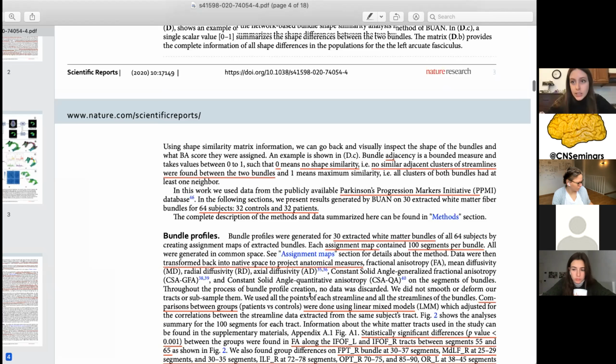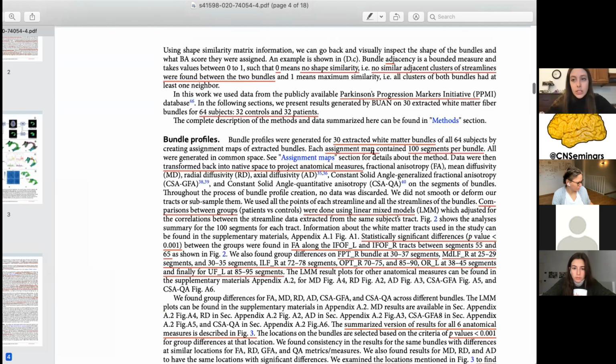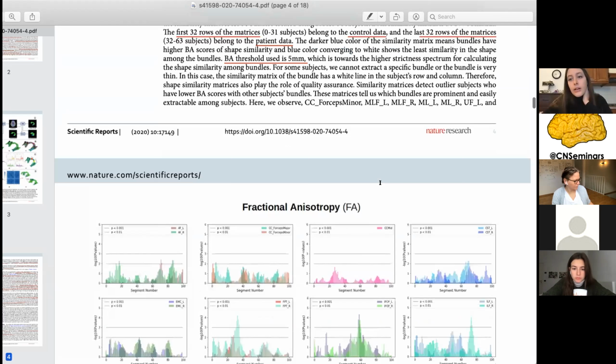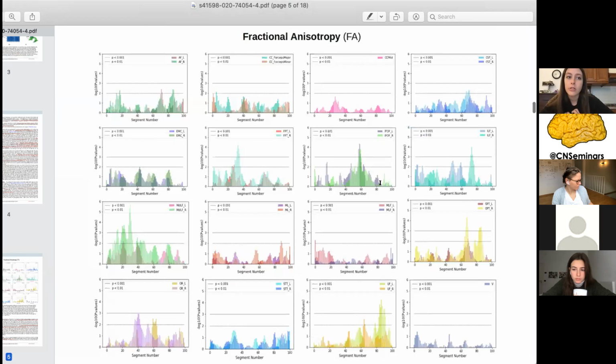Here we can see the results of this analysis for the fractional anisotropy measure. I forgot to say that they considered 30 white matter pathways of the human brain. For each of the bundles that they consider, we have a plot. We can see the groups plotted with different colors, and some of them show a significant difference between the two populations when considering particular sections of the bundle.